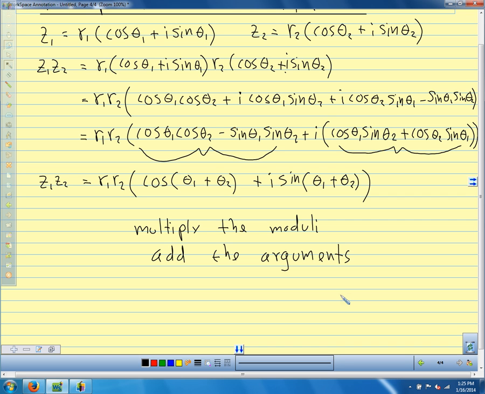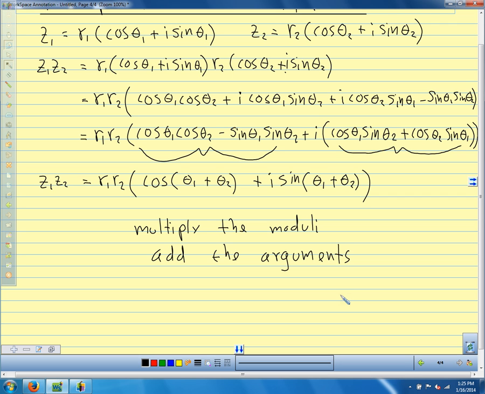So if we have two complex numbers in trig form, all we have to do is multiply the r's and add their angles. We don't have to FOIL, we don't have to distribute, we don't have to remember that i squared equals -1. Multiply the moduli, add the angles. Really, really easy.